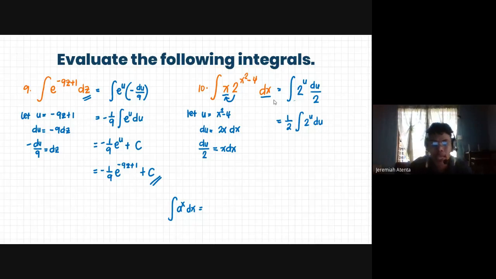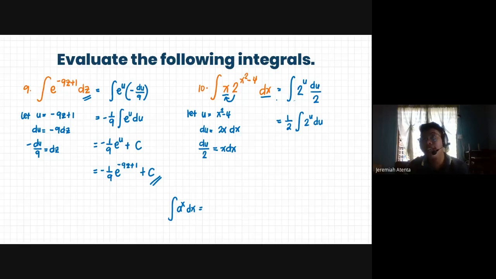A raised to x ln a. Or over? Ano ba talaga? Is it over or multiply natin ng ln a? I think the derivative of a raised to x is a raised to x ln a.